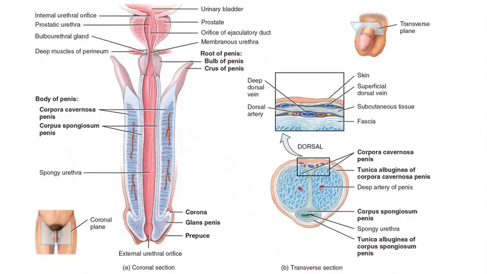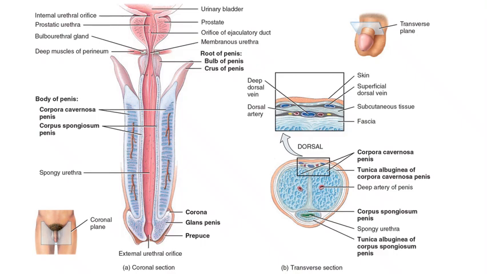The body of the penis is composed of three cylindrical masses of tissue, each surrounded by dense, irregular connective tissue called the tunica albuginea. The two dorsolateral masses are called the corpora cavernosa penis. The smaller midventral mass, the corpus spongiosum penis, contains the spongy urethra and keeps it open during ejaculation.